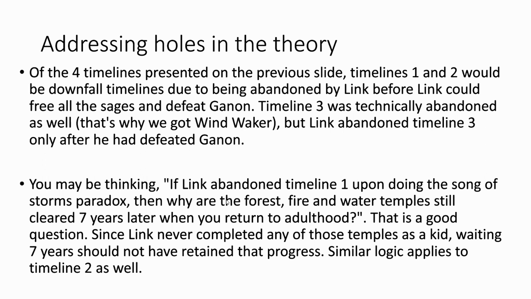So why is it that even though you abandon timelines 1 and 2, upon going to sleep again and reawakening as an adult, all of a sudden, somehow you still have those sages awakened and those temples still cleared?